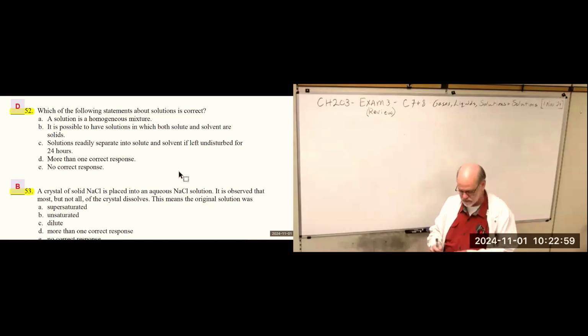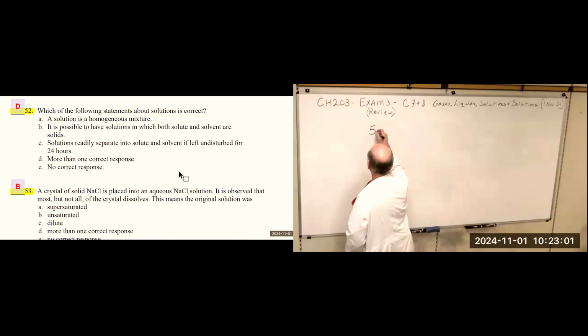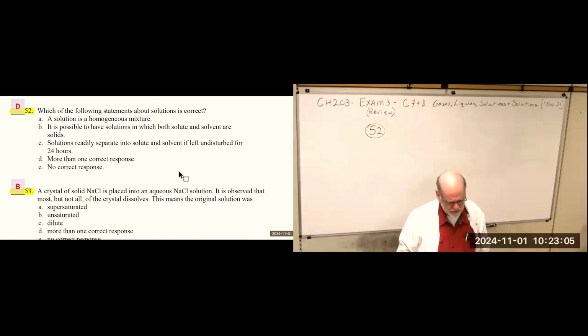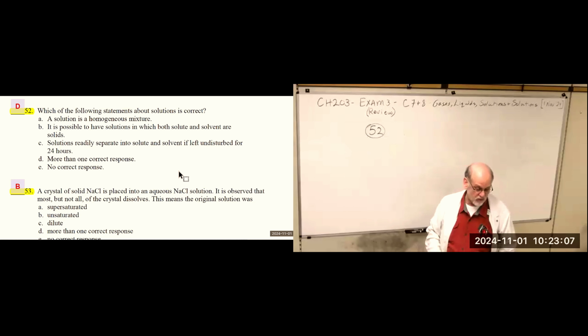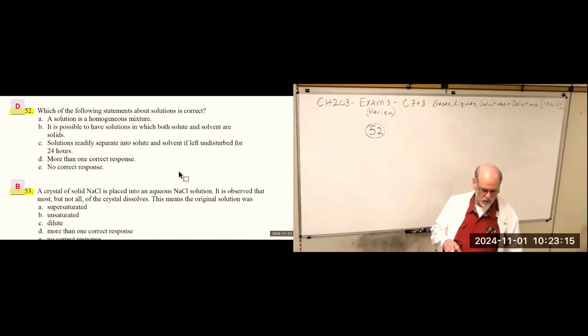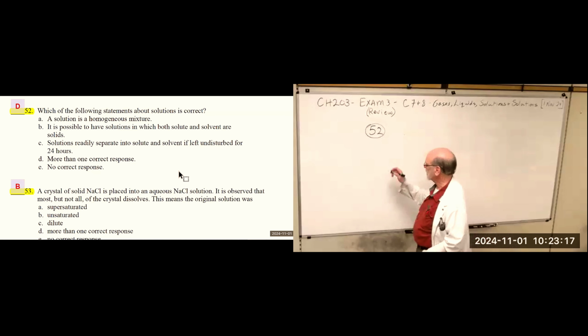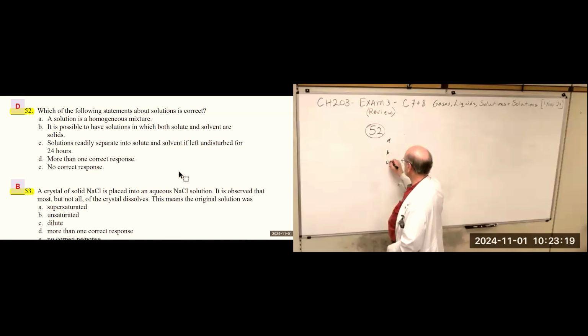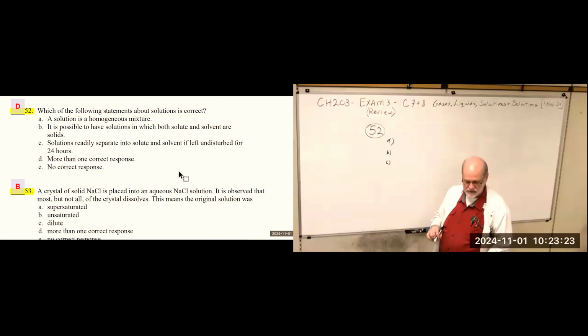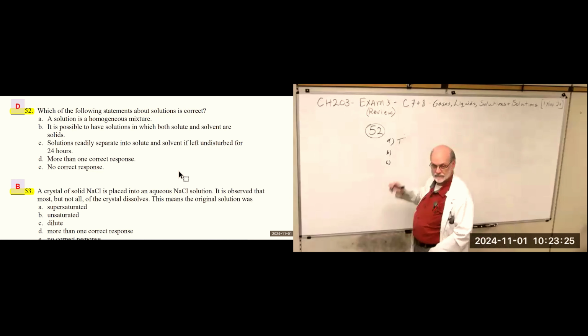Let's see, 52. Which of the following statements about solutions is correct? Okay, we got more than one or no correct. So if we look at A, B, and C: A, a solution is a homogeneous mixture. Oh yeah, that's true.